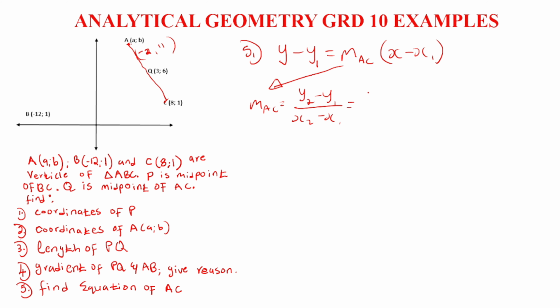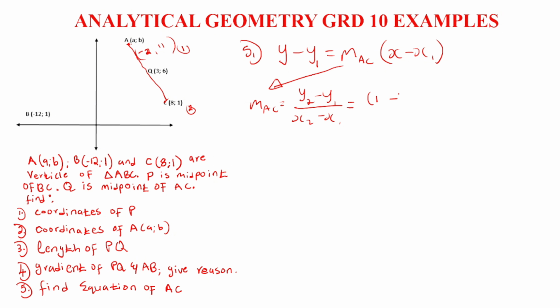Let C be coordinate number 2, then A is going to be coordinate number 1. So the y value at C is 1 minus the y value at A, because we're saying the gradient of AC.